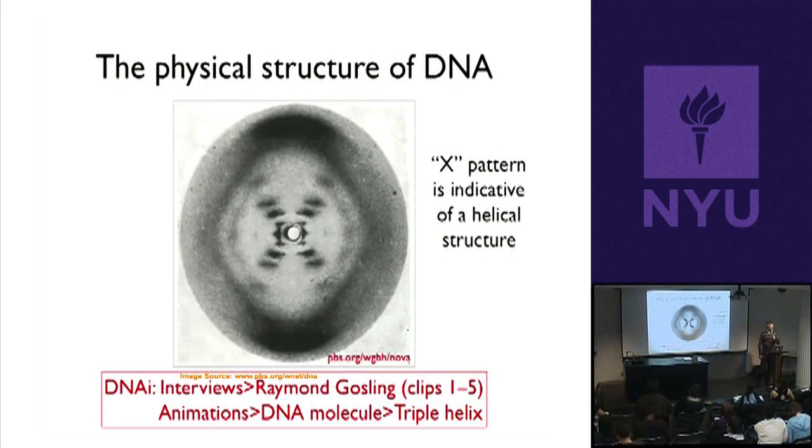Okay? Now I'm not going to explain to you why when you see something like this you say helix, because it's actually very, very technical. But that's sort of what I want you to understand, that this picture really just shouts helix to a crystallographer or a biochemist. And so that's what Rosalind Franklin discovered, that the DNA was somehow a helix.